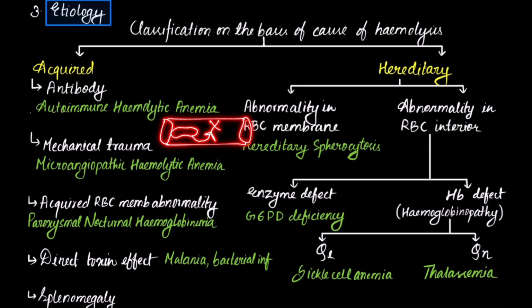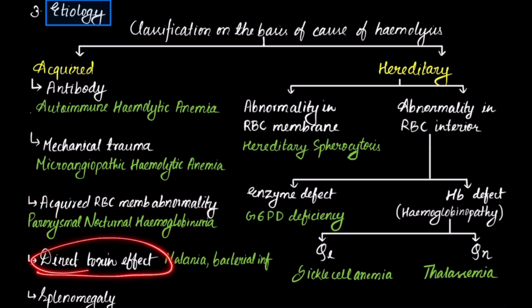This red blood cell strikes or collides with the obstruction and gets destroyed. So this is your mechanical hemolytic anemia due to mechanical trauma. Microangiopathic hemolytic anemia. Then there's your acquired RBC membrane abnormality, which includes PNH. Or it could be due to direct toxin effect.